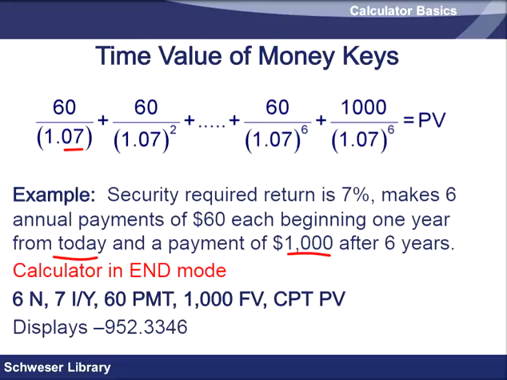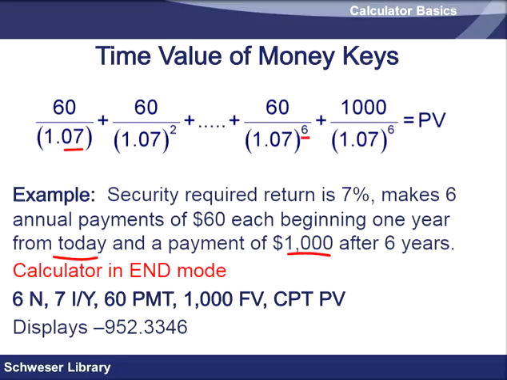Those of you with a little financial training are going to recognize this is like the payments on an annual pay 6% bond, or a semi-annual pay 12% bond. But we've got 6 payments here. So let's think of it as a 6-year bond that pays $60 each year, and it matures at $1,000 on the last day, and that's the same day that last $60 payment is made.